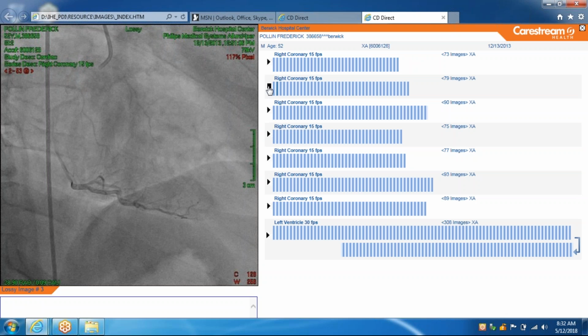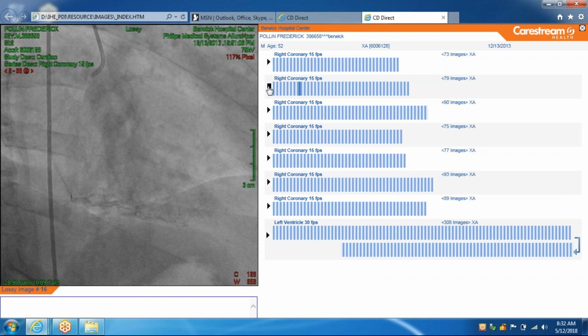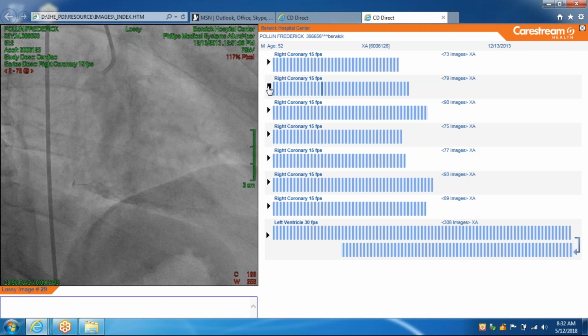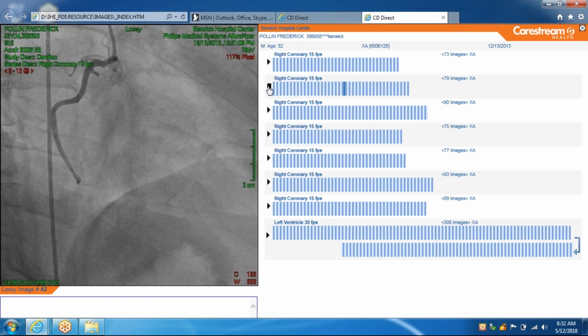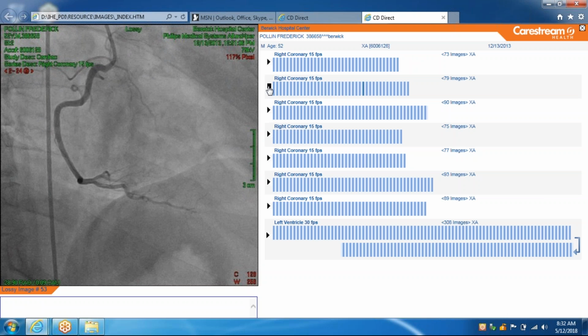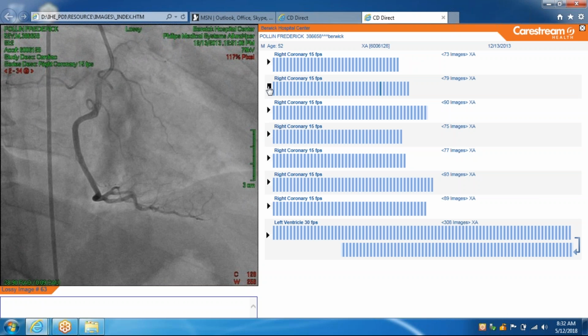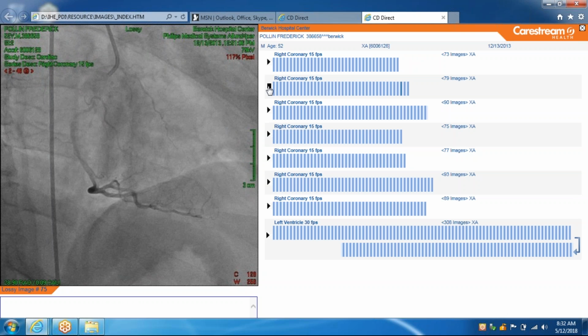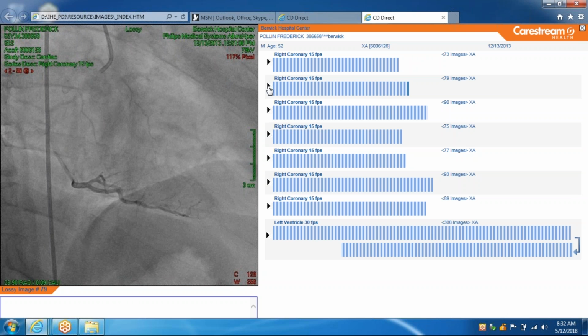So this is another view of the right coronary artery. So you inject your dye and you look, because sometimes you might have an obstruction, a lesion that is what we call eccentric. So in one view, it may look completely normal, and then in another view, you can see it. So, you should use multiple views.